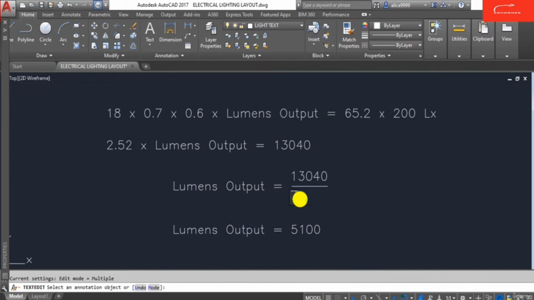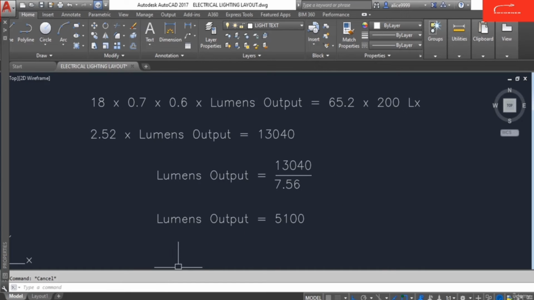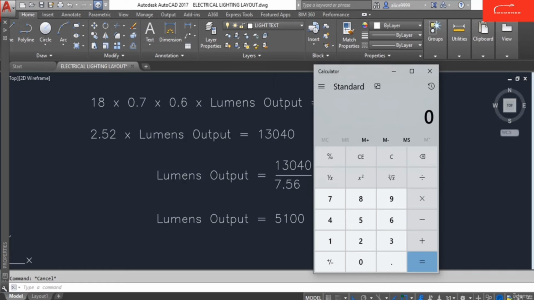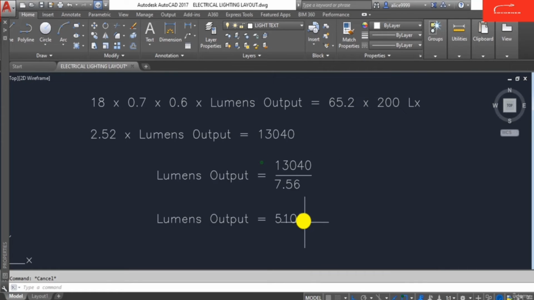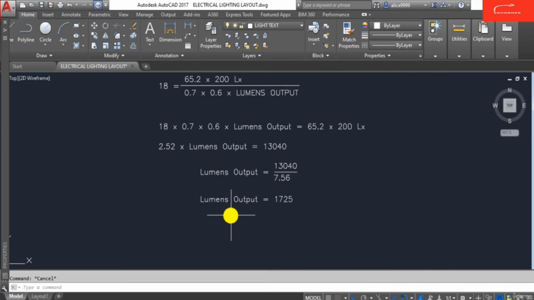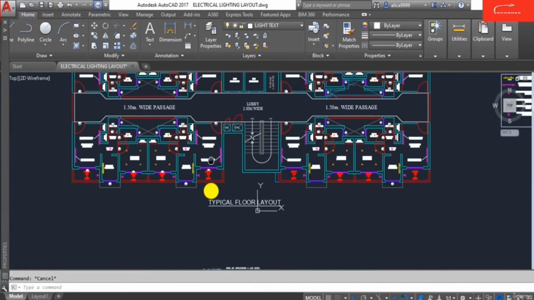So 13,040 divided by 7.56, that is around 1,724. So it is approximately 1,725. So this is the lumens output for the passage area.